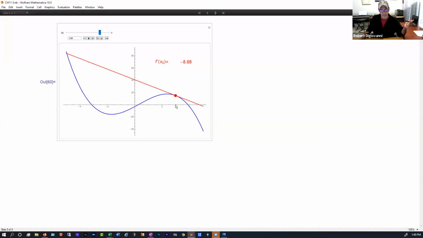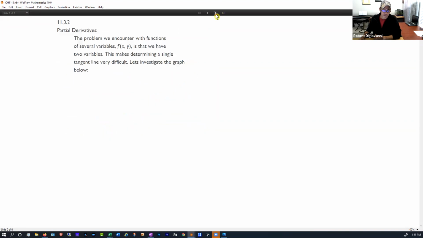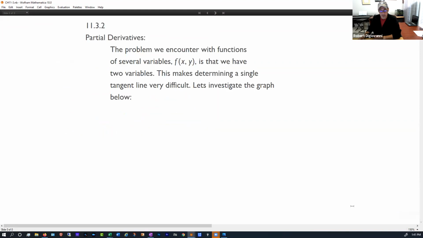The derivative of this function at 3 is about negative 8.68. So you've got a negative slope, right? That's what Cal 1 was about: the derivative, the slope of the tangent line. That's all it is.